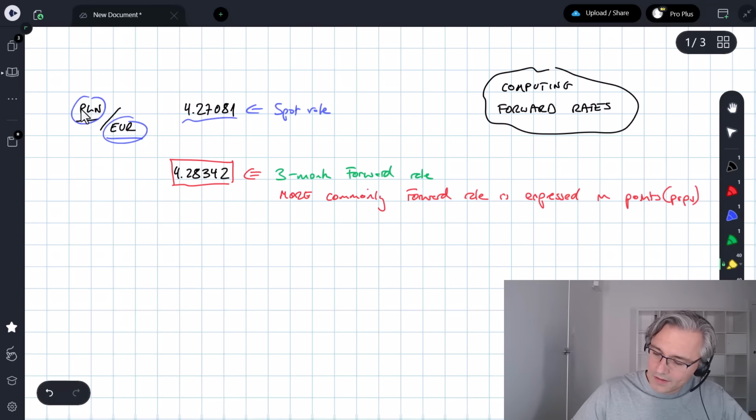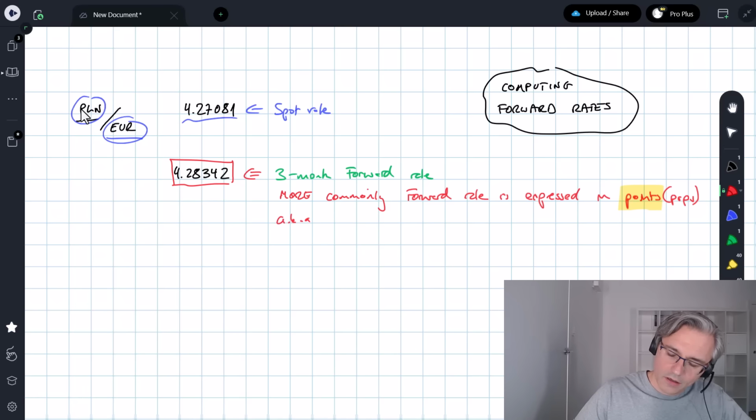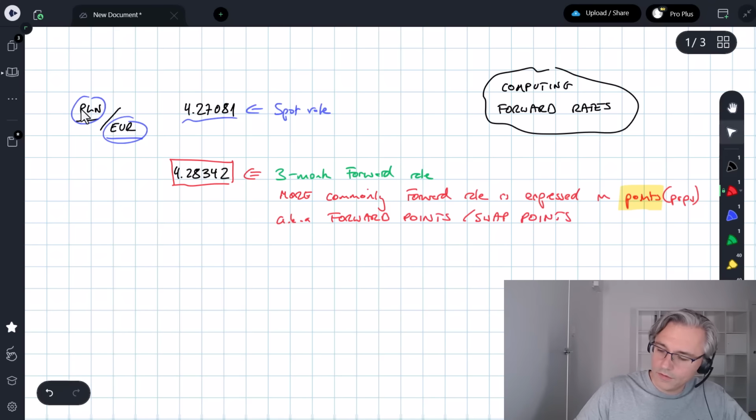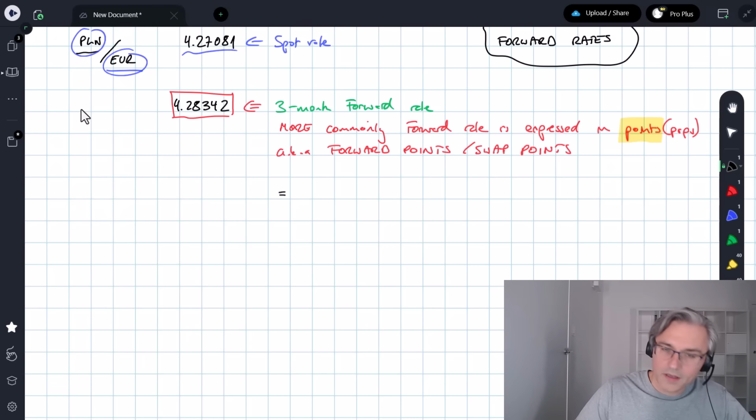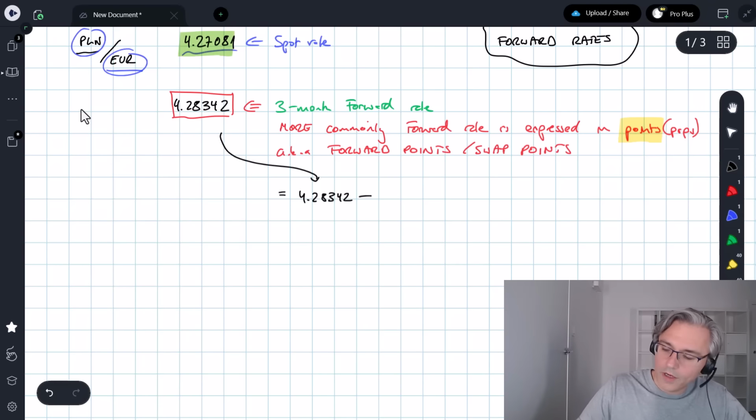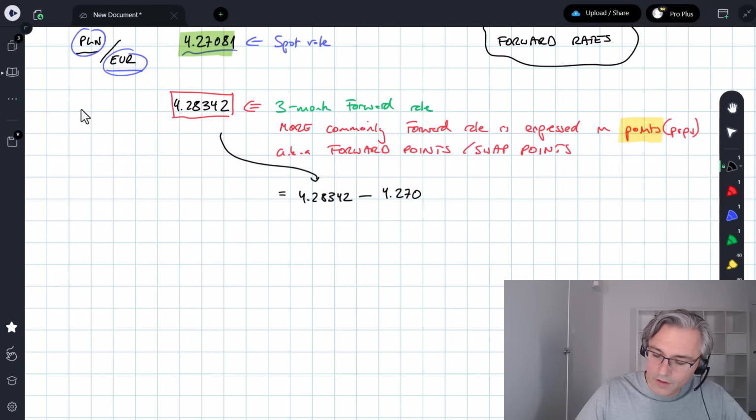Now, points, what we actually are talking about is something known as forward points or swap points. So this is really easy. If you have to convert this into points, you've got to basically measure the difference between this exchange rate, the forward rate, 4.28342, and this spot rate, the rate at which one could do an exchange that would take immediate effect, 4.27081.